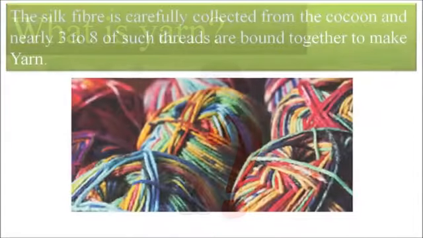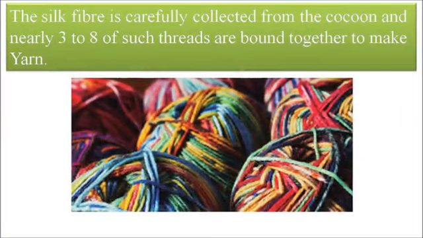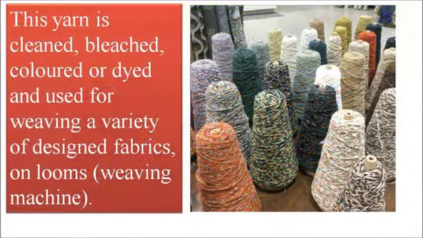The silk fiber is carefully collected from the cocoon and nearly 3 to 8 of such threads are bound together to make yarn. This yarn is cleaned, bleached, colored or dyed and used for weaving a variety of designed fabrics on looms.